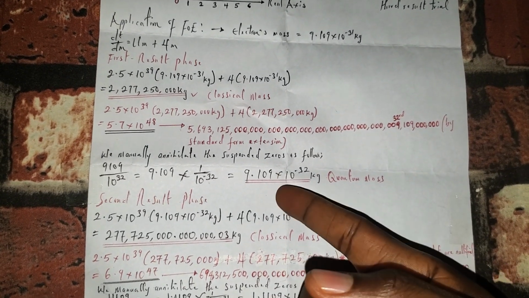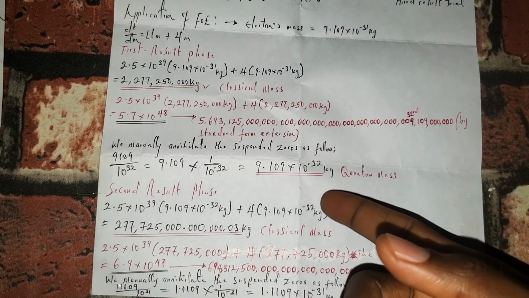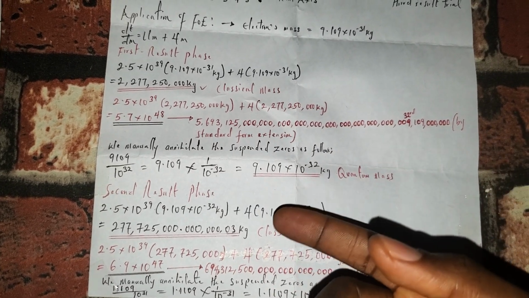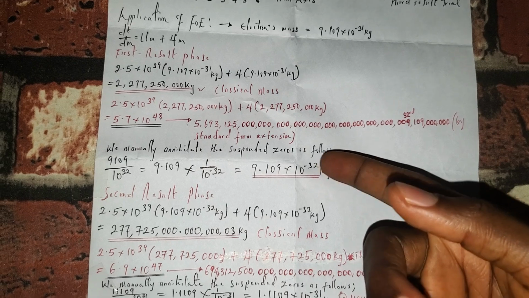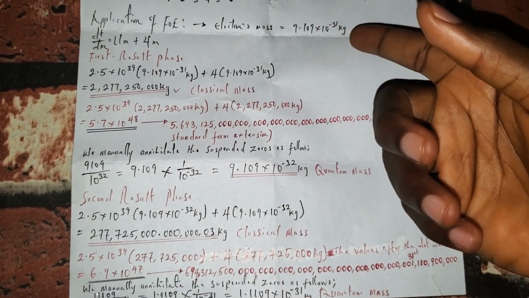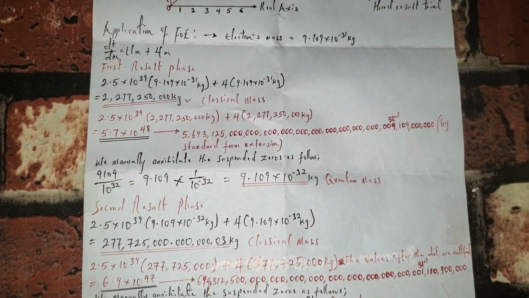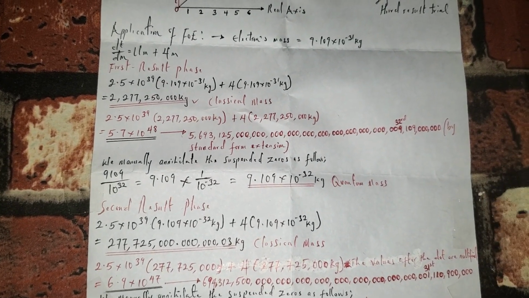Now when you look at what we have, 9.109 times 10 raised to the power minus 32, which is smaller than 9.109 times 10 raised to the power minus 31, which is the actual electron's mass. The reason we have this is because the time trajectory is one-way traffic.